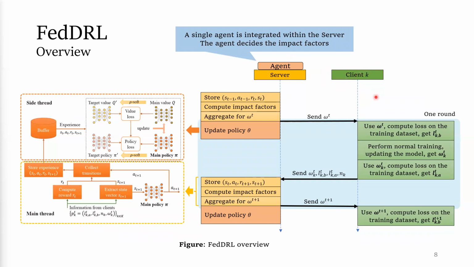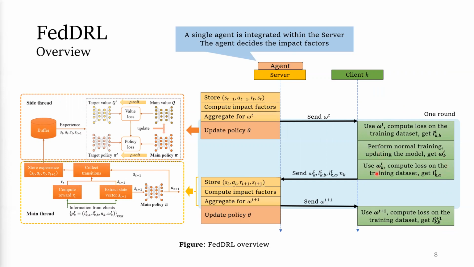At any given round, the clients, after receiving the global model, will instantly use that model to compute the inference loss on its training data set, and we denote this as L subscript B, B for before training. After the training process, it again computes the inference loss on the training data set, and we denote this as L subscript A, A for after training.